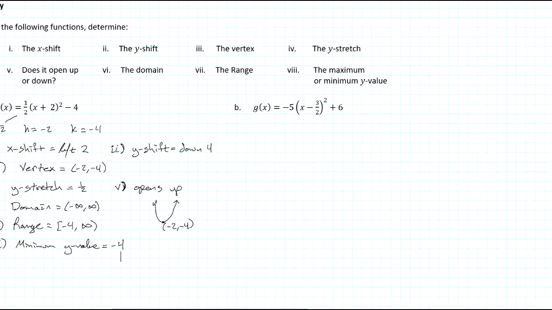Cool. Let's go ahead and look at part B. First, we want the x shift. A equals -5. H is going to be a positive 3/2, and the k value is a positive 6. So the x shift is right 3/2 or 1.5.